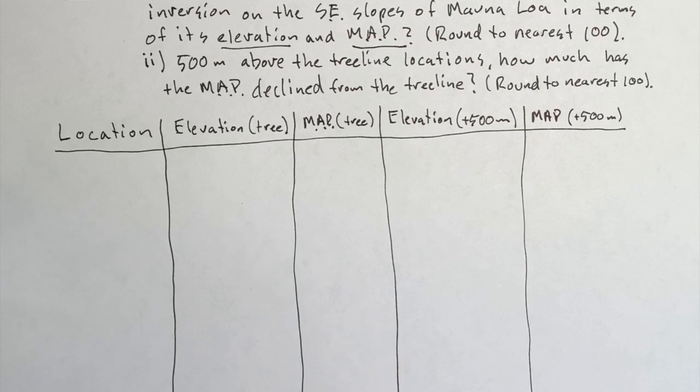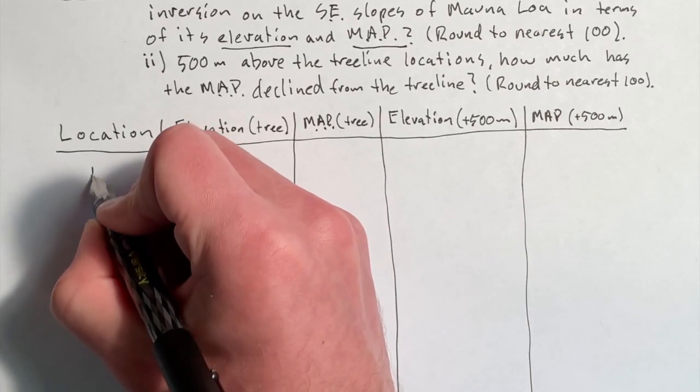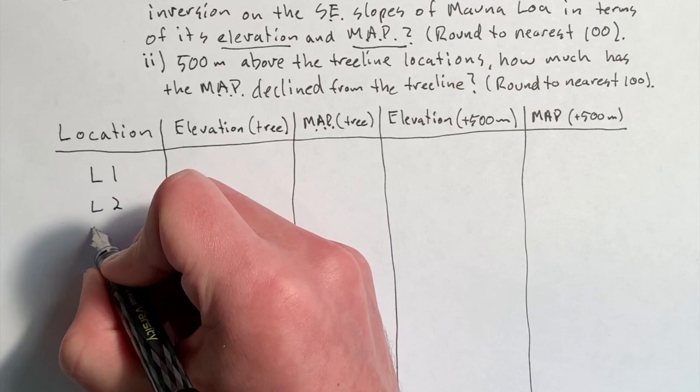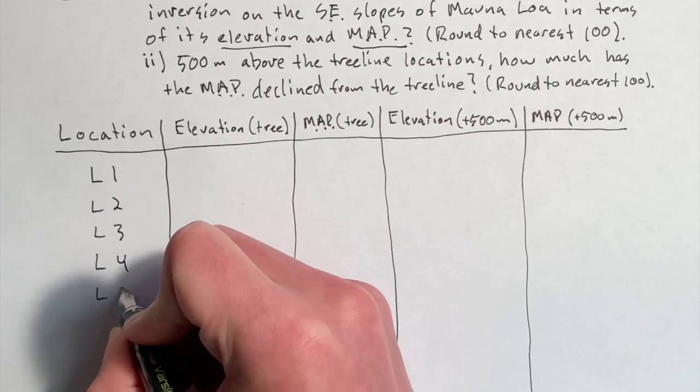And so you're just going to walk your avatar over to the line that separates the trees from not the trees. And that is the line that separates the green from the light brown in the geovisualization. So you're going to go to those 5 locations. We're going to call them location 1, location 2, location 3, location 4, and location 5.